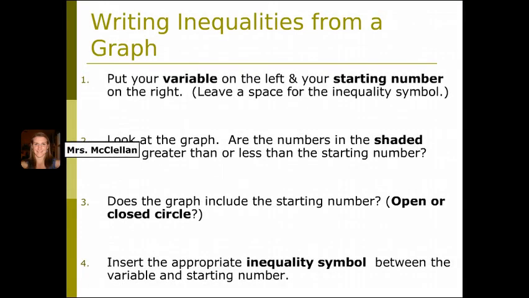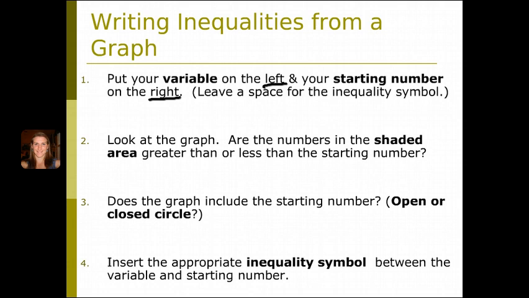Okay, so I'm going to give you a couple of steps on how to write inequalities when you're looking at a graph. The first thing you always want to do is put your variable on the left, put your starting number on the right, and you want to leave a space for the inequality symbol. Second thing you'll want to do is look at the graph.